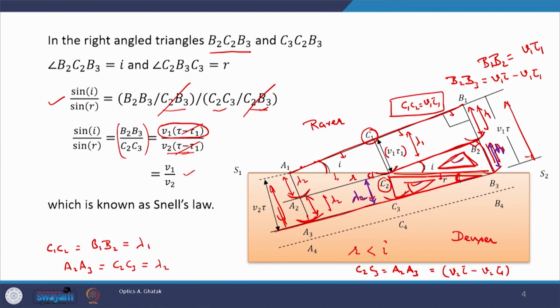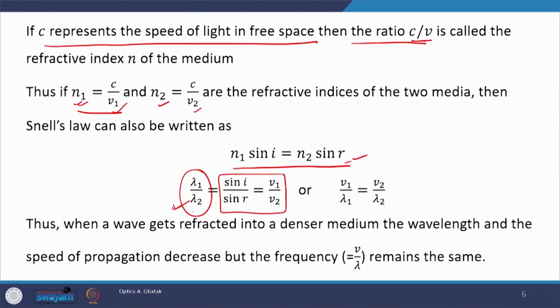And using these two triangles, we can say that sin i upon sin r is equal to lambda 1 by lambda 2, which is again equal to V1 by V2.